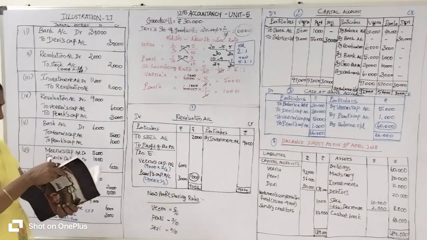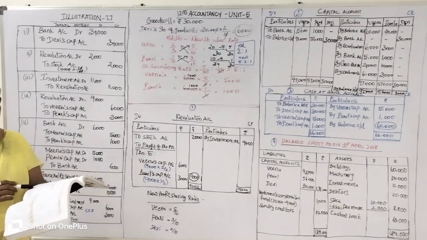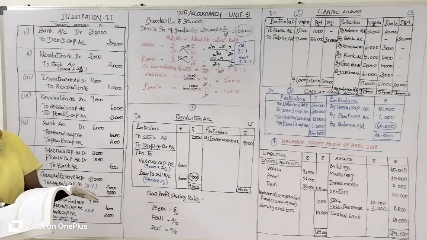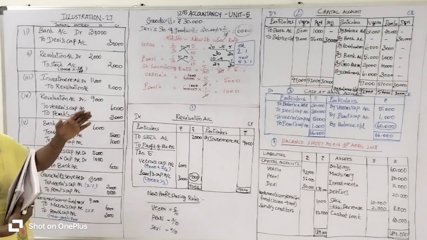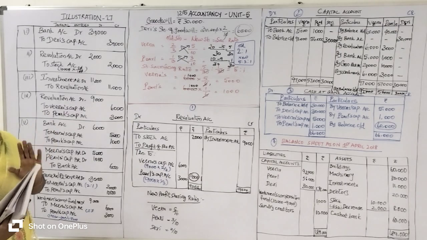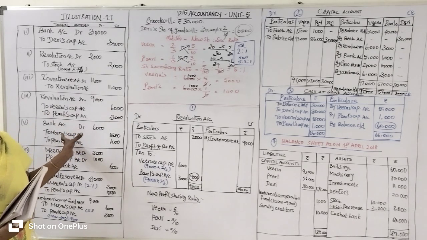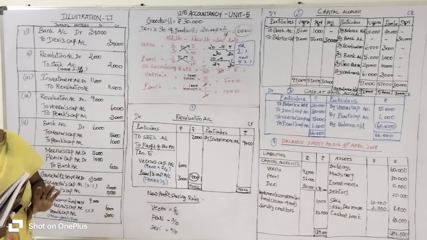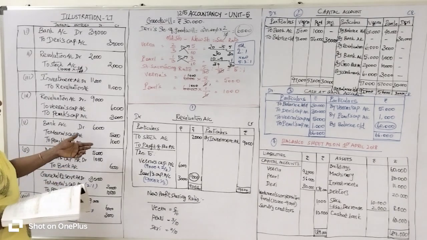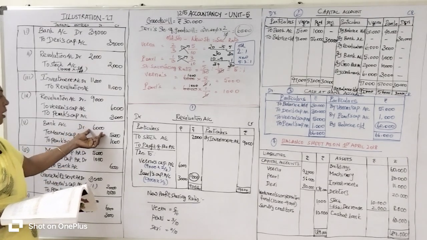Then the existing partners withdraw the entire amount brought by the new partner towards goodwill. So the new partner's share of goodwill is immediately transferred to the old partners' capital accounts in the sacrificing ratio. We pass the journal entry related to that question. What information is given in the question? The 6,000 rupees share of goodwill.